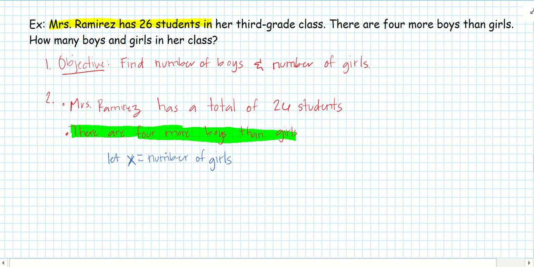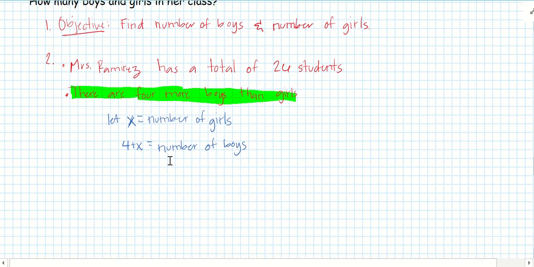So that means that if x is the number of girls, then 4 plus x must be the number of boys. Okay? And the reason is because it says there are 4 more boys than girls, right? So if x is the number of girls, then 4 plus x must be the number of boys. Okay?